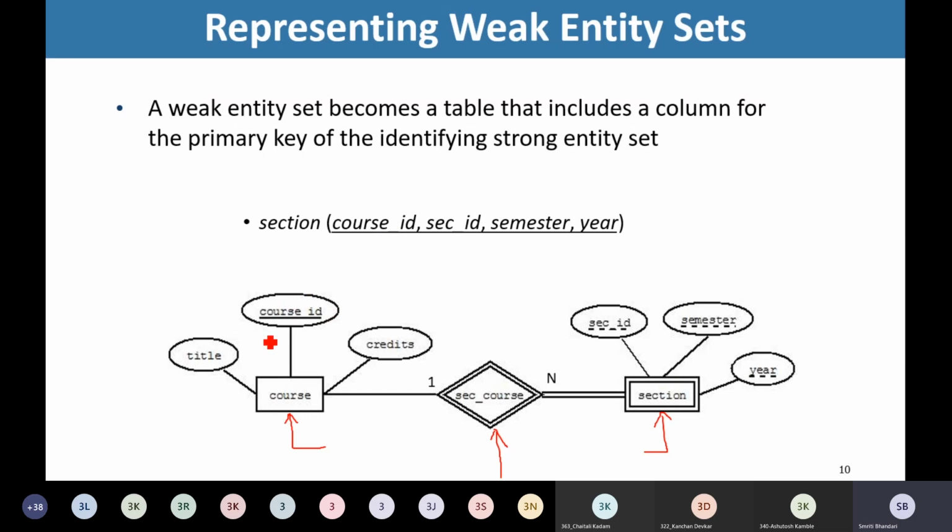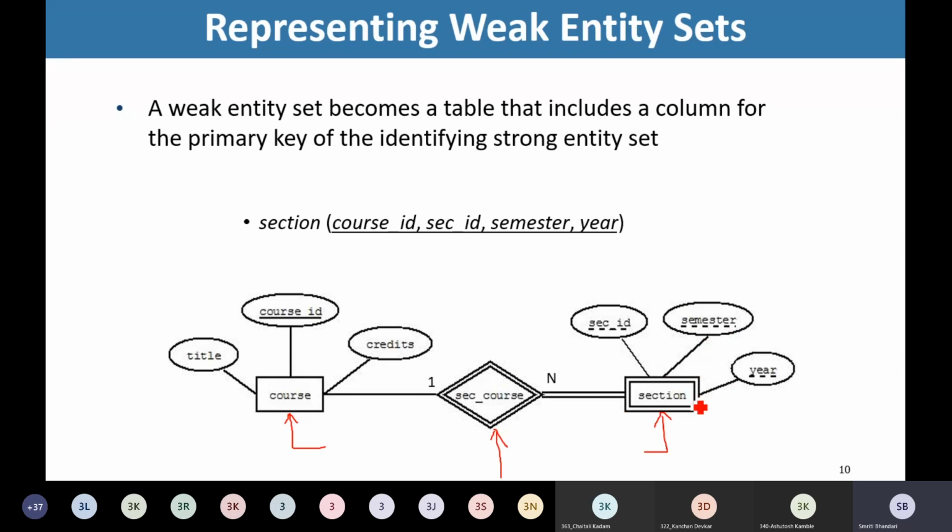Course ID, that is the primary key of the identifying entity set, section ID, that is the attribute, semester is the attribute, and year is the attribute of section. Now here, all these 3 attributes of my weak entity set are the descriptors or the partial keys having the dashed underline.